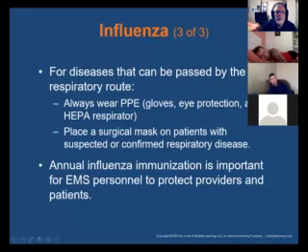N95 mask is what we wear, plus eye protection and gloves to protect ourselves. If we really want to be protected well, we could wear a PAPR, which has a HEPA filter, which provides much more filtration than an N95 mask. That's what you wear when you're coming in contact with an Ebola patient, normally.